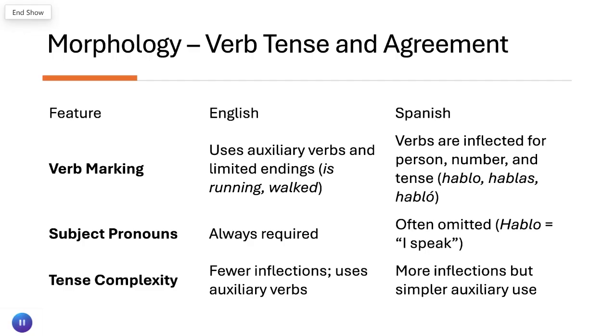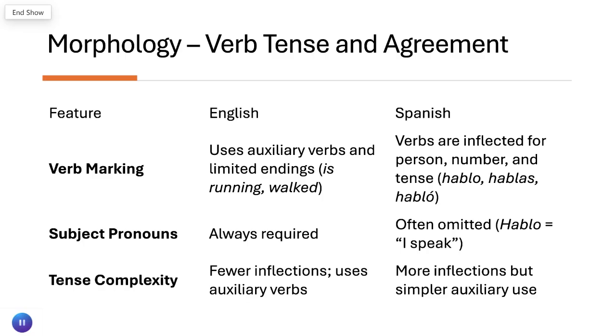Morphology, verb tense, and agreement. In morphology, Spanish verbs carry much more information than English verbs. The verb ending shows tense and subject, so pronouns are often unnecessary. In contrast, English depends heavily on auxiliary verbs and word order.